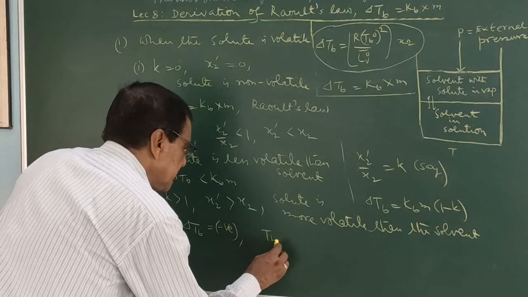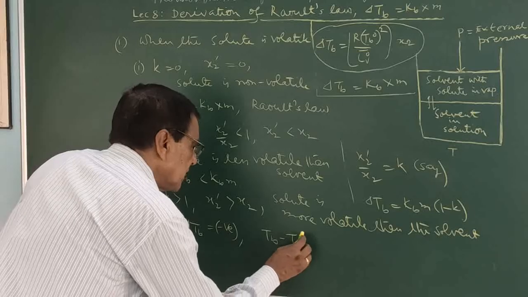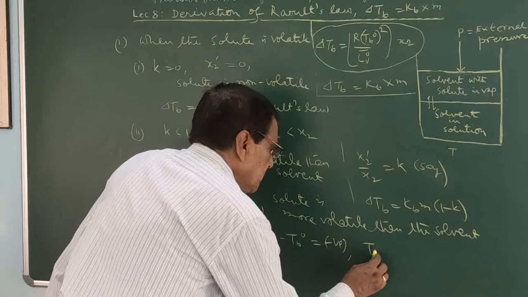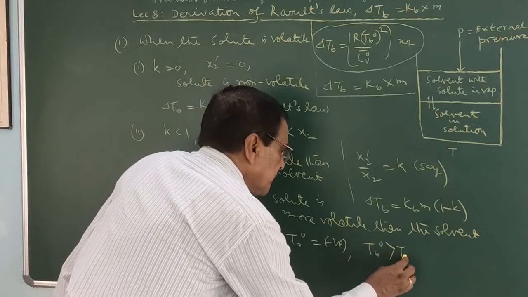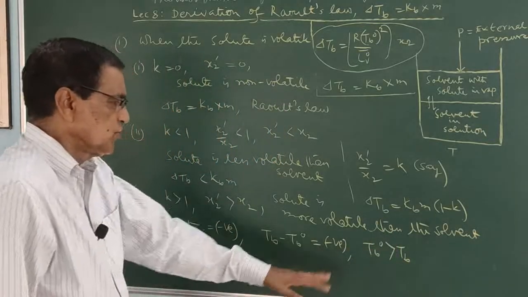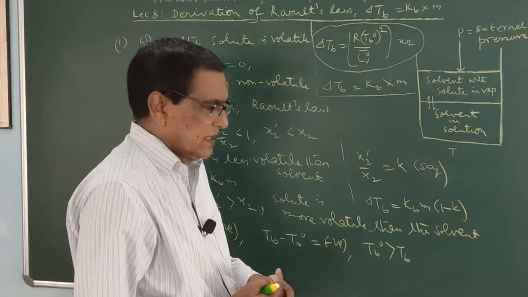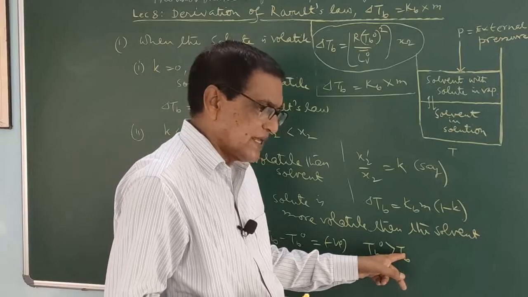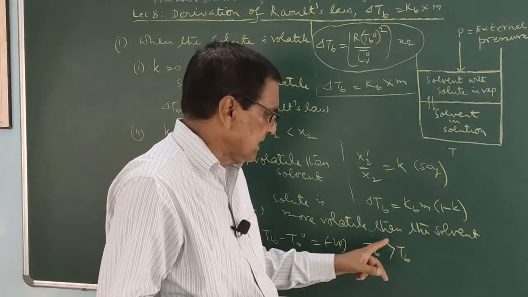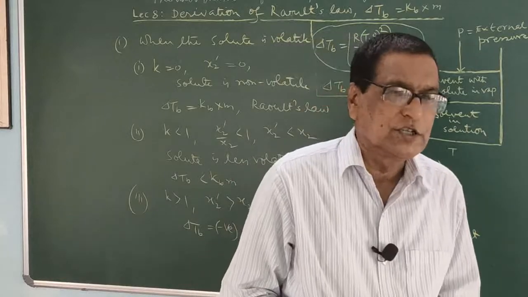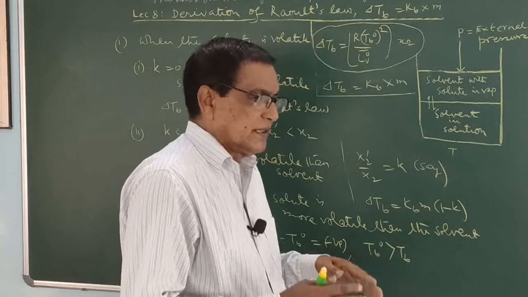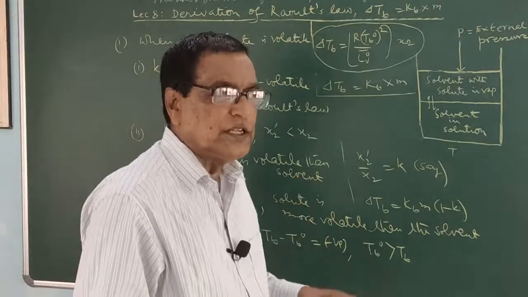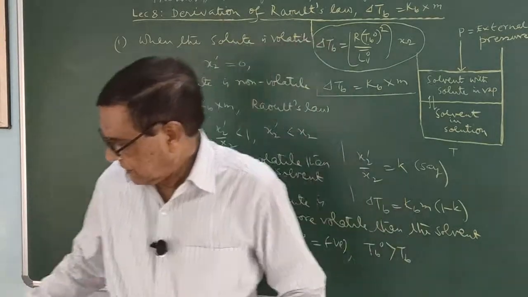Delta TV means TV minus TV naught, and this one is negative. It means that TV naught is greater than TV. It shows that there will be depression of boiling point, means the solution is having a boiling point less than that of the solvent. Here there occurs the depression of boiling point whenever the solute is more volatile than the solvent.